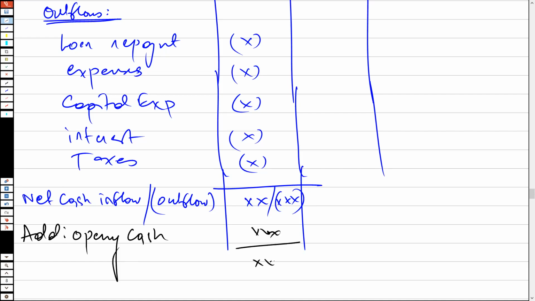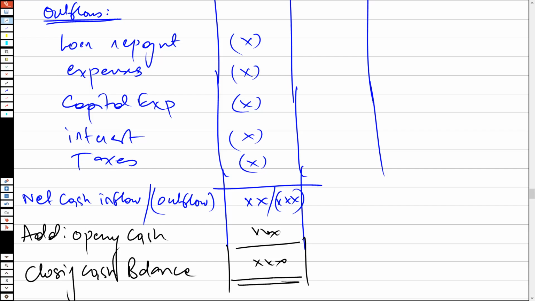You will add the opening cash to it, and you would have the closing cash balance.